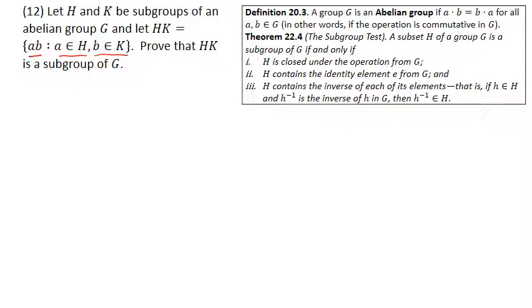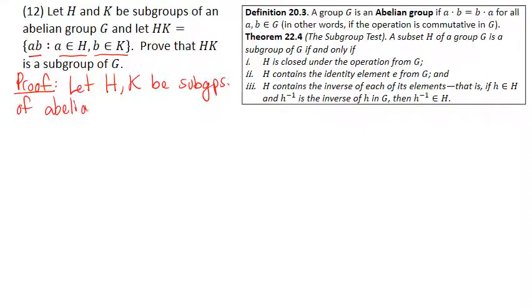Okay, so let's give this a try. Proof. I'm just going to repeat all the let statements. Let H and K be subgroups of abelian group G. Okay, let HK equal this.